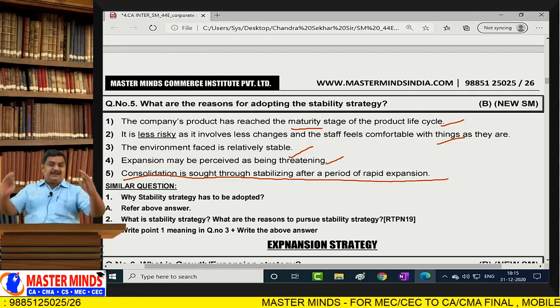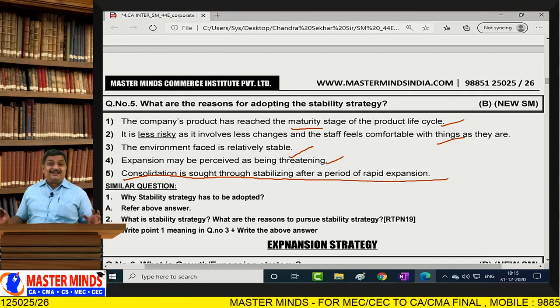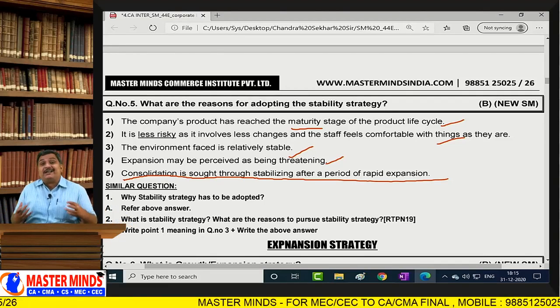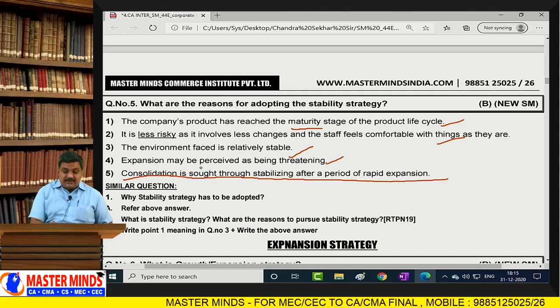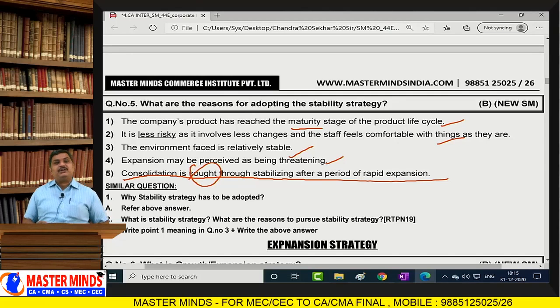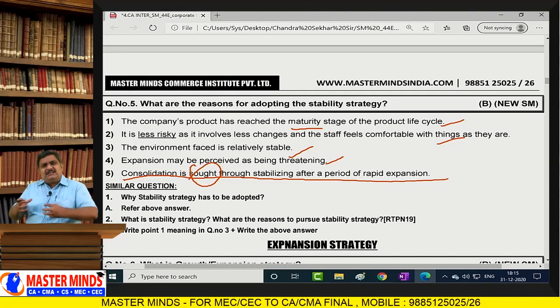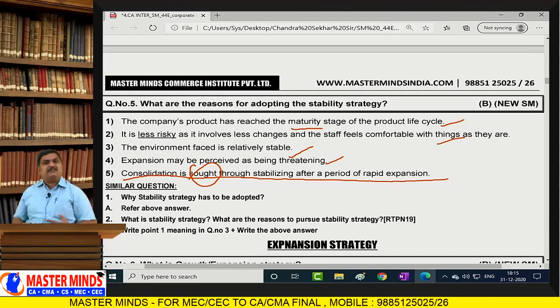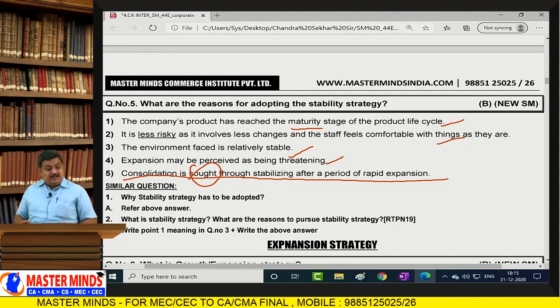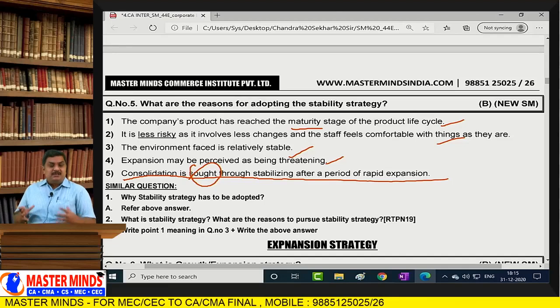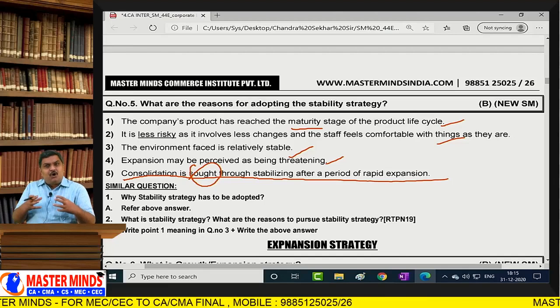Many business people forget this. What is said? Consolidation is sought. Sought is a very strong word here. S-O-U-G-H, it is sought. Means it is mandatory. It is compulsory. What is compulsory? Consolidation. Means making your position strong is mandatory, is important.